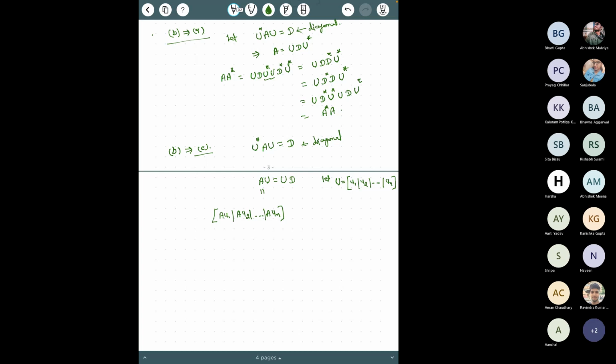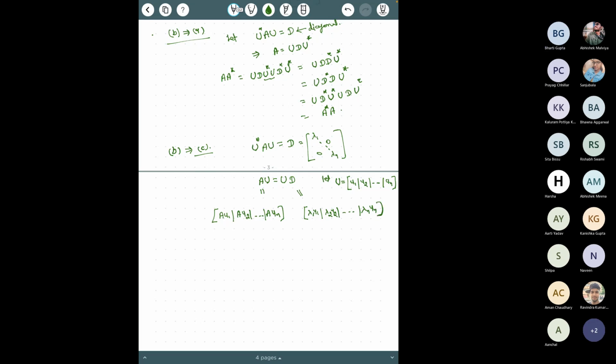And what is in the right-hand side? Assume D is a diagonal matrix with diagonal entries lambda 1 to lambda n. We don't know whether they are distinct or not, but we know that D is diagonal. So the right-hand side would be lambda 1 u1, then lambda 2 u2, and so on. The last column would be lambda n un.